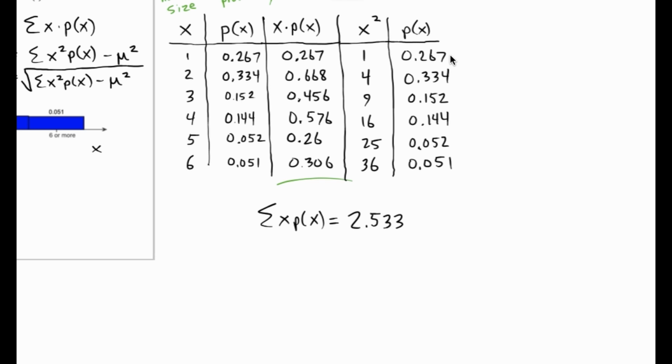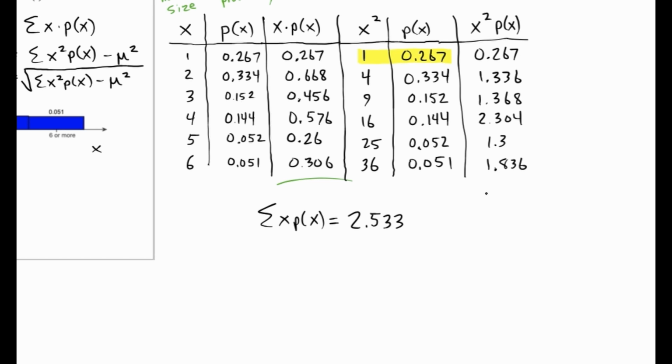Okay, now we have to multiply x squared times p of x. That's going to be our last column here. I get that. Those are all my x squared p of x values.